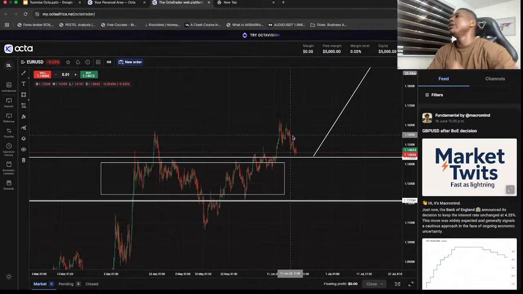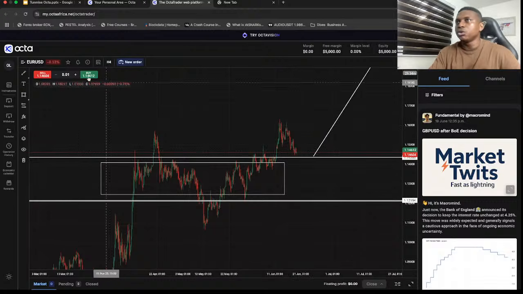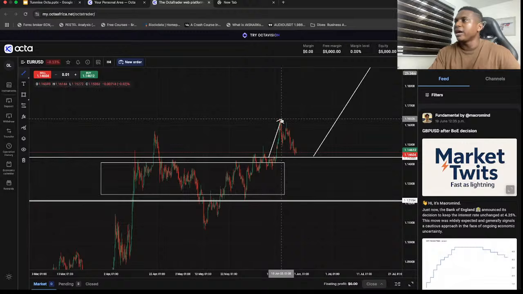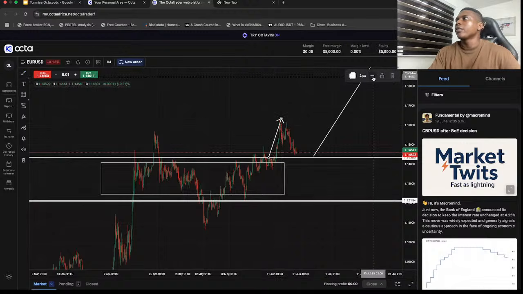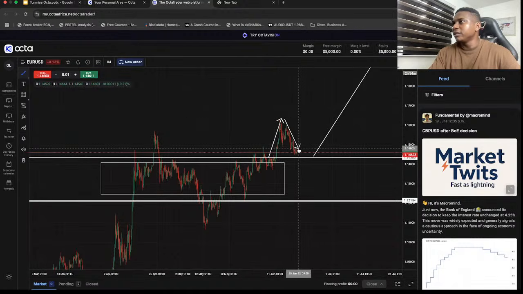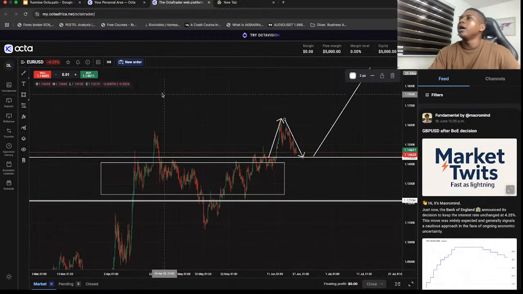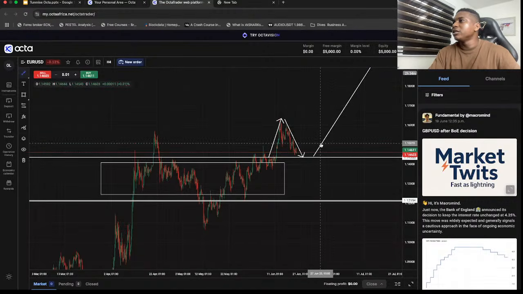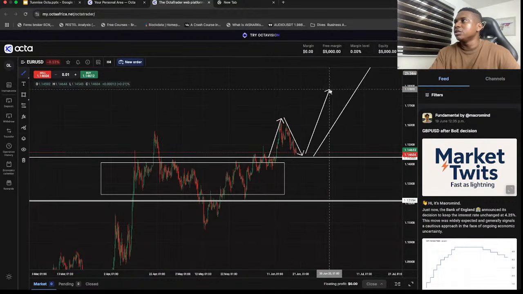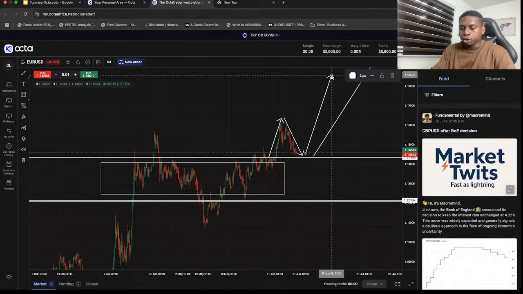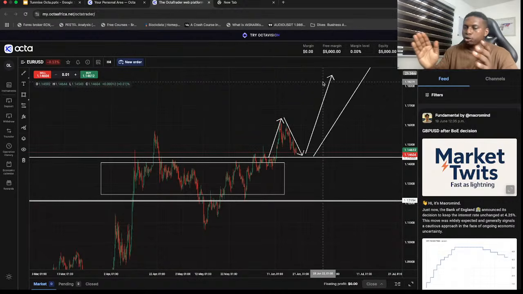Then a retracement occurred at this level, so we can see the breakout and the retracement, and the higher probability of what's happening next, after this retracement, is a continuous push up in price.